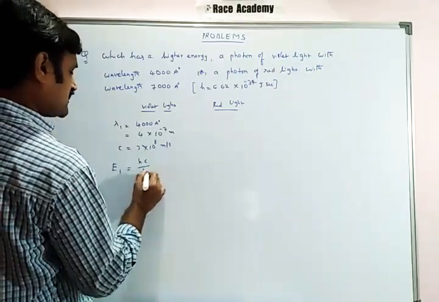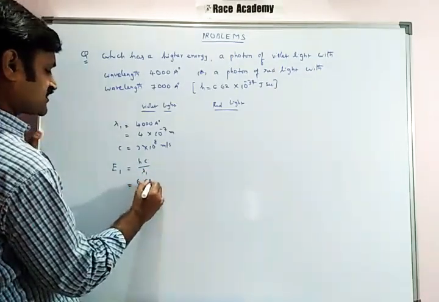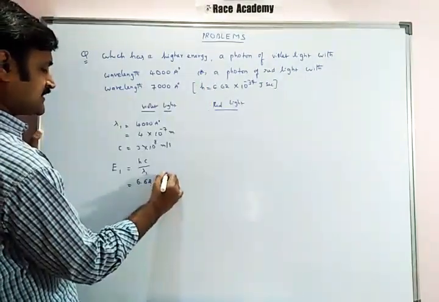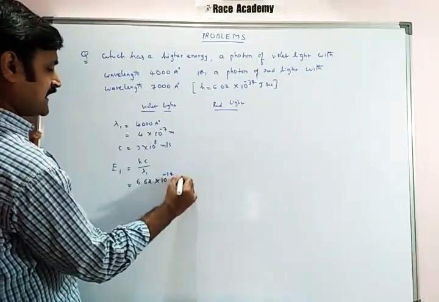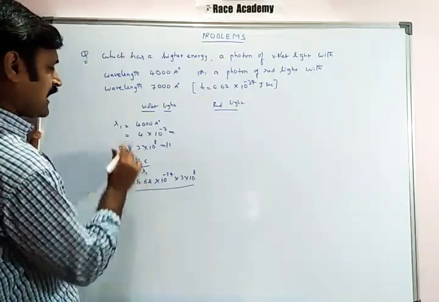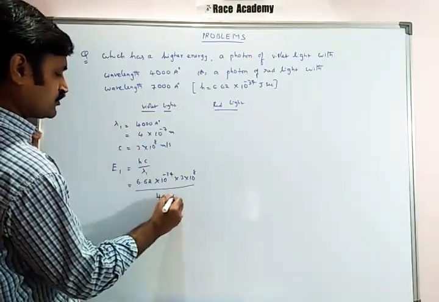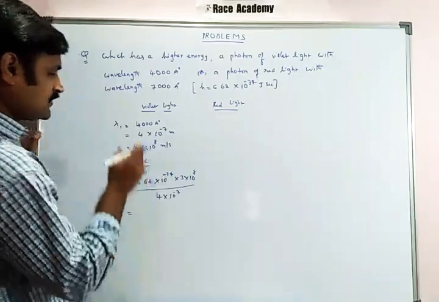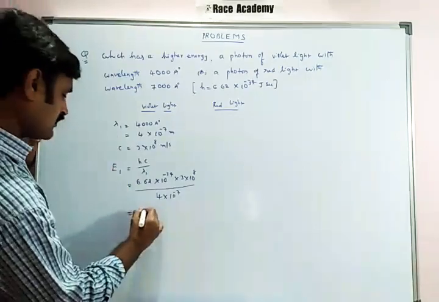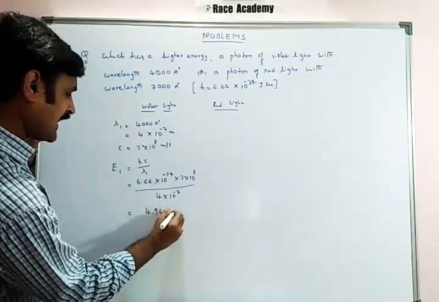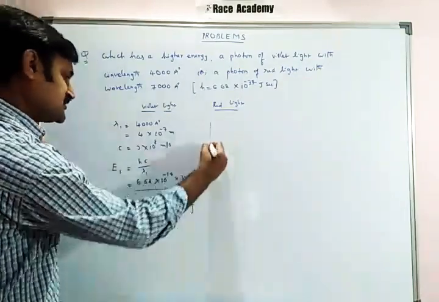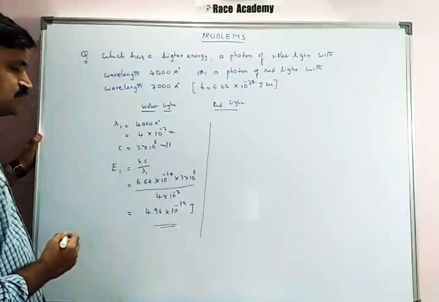The substitution is 6.62 into 10 to the power of minus 34 joule second, into 3 into 10 to the power of 8 meters per second, divided by the lambda 1 value, 4 into 10 to the power of minus 7. Upon simplification, the violet light energy came to 4.96 into 10 to the power of minus 19 joules. This is the violet light E1 value.